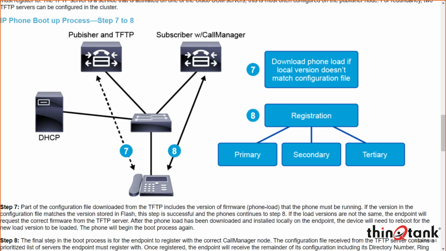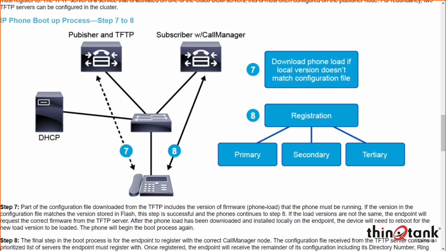I mentioned it briefly, but let's talk a little bit more about it, because the phones will ship with firmware already installed on them. Depending on how the phone was provisioned, how old the phone is, or when you did an upgrade on your system, will depend on whether or not the phone needs to download additional firmware. Now, there are two places that we can define what firmware is supposed to be used for the phone.